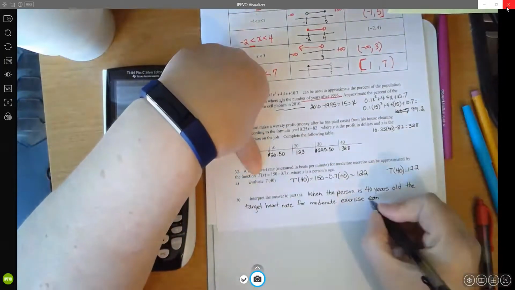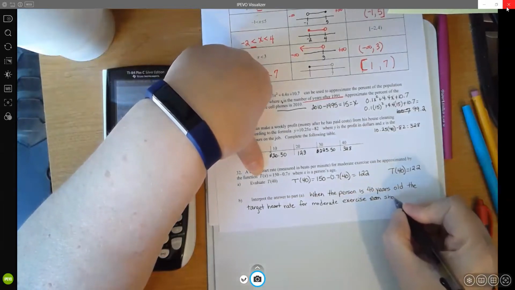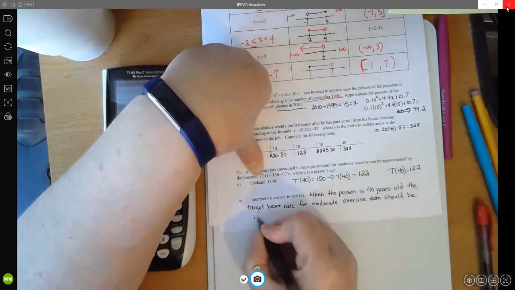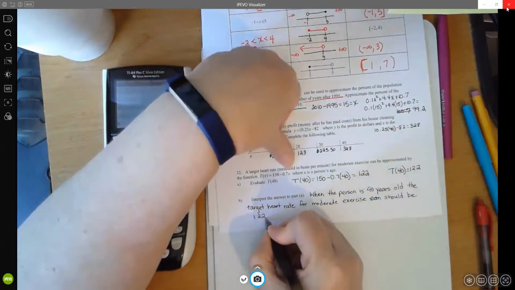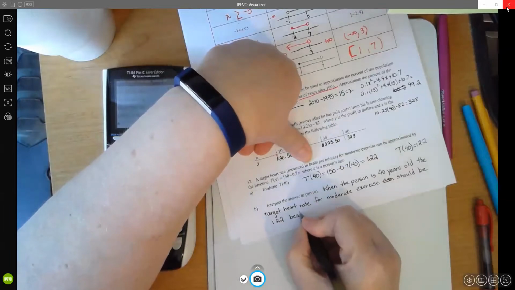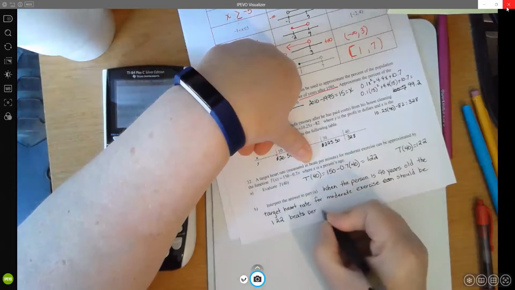So for moderate exercise should be 122, and this is in beats per minute, so that would be beats per minute.